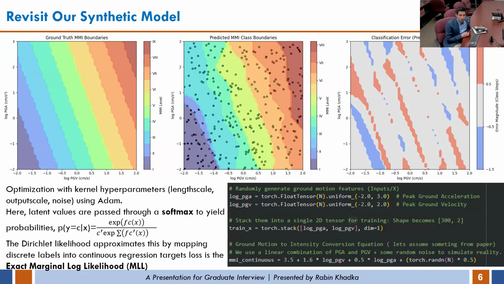One thing Rabin is doing differently from how this problem was solved before is that this MMI continuous is a continuous linear regression. So it will not give you the probability of different classes. It will just give you the average value of the MMI for that PGA and PGV.